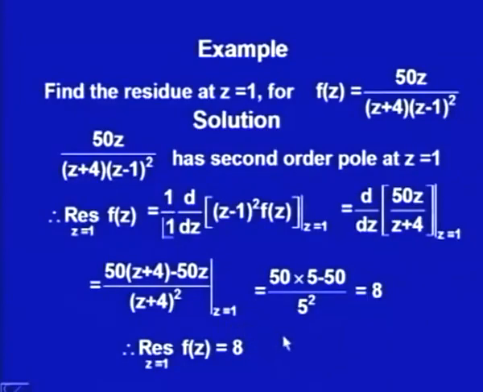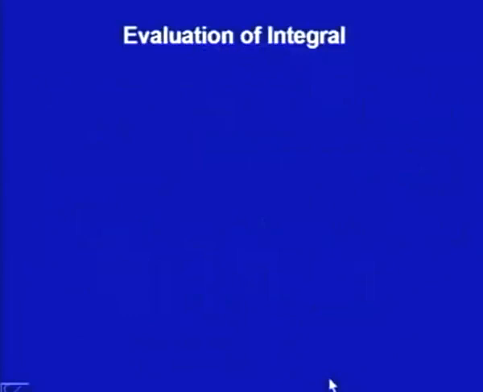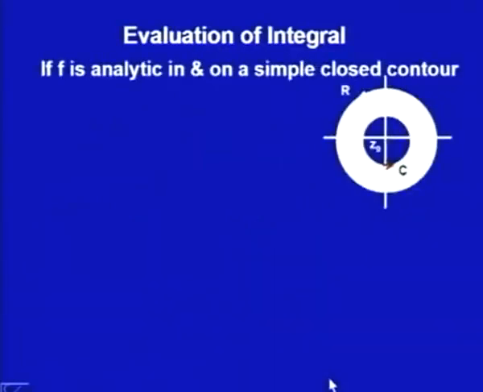Now, we have learned that we can find residues using simple formulations, and we are using these residues for evaluation of integrals. What evaluation of integrals have we done till now? If f is analytic in and on a simple closed contour, we know that the integral of f(z) dz is 0.